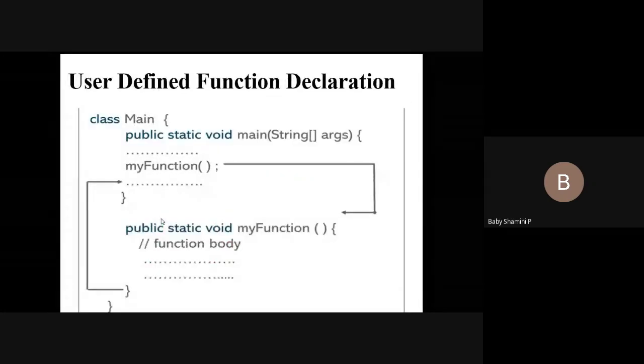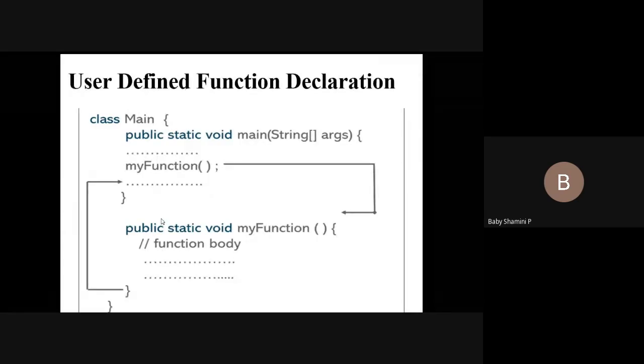Next one is user-defined function. We have two different kinds of functions, predefined functions and user-defined functions. For predefined functions, the compiler automatically invokes the particular function. Example, println. Print is a method.